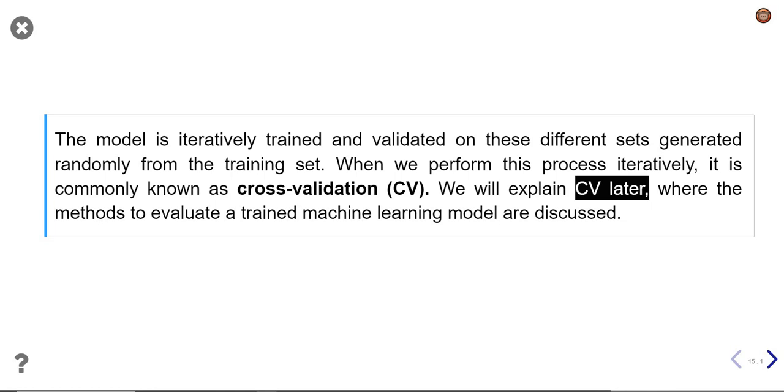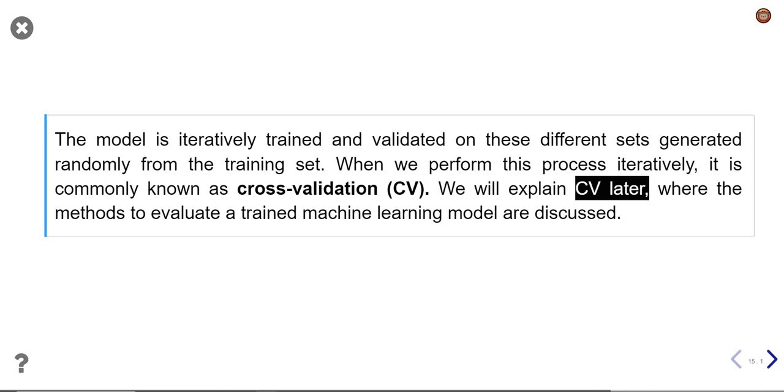So there are various methods actually. Let's say you have your data set, your entire data set. Let's say we have 100 examples, for example.